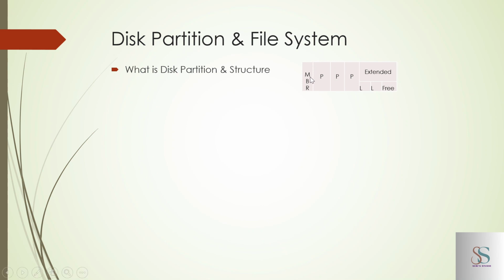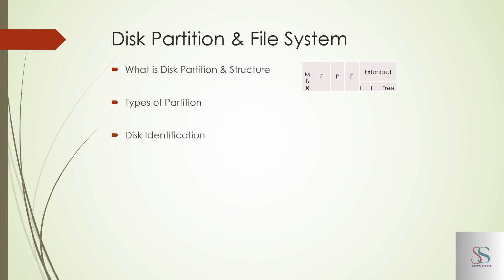This is the partition structure in Linux: the MBR and primary partition, the extended partition and logical partition. How many types of partitions are there? We already discussed: primary, extended and logical partitions.